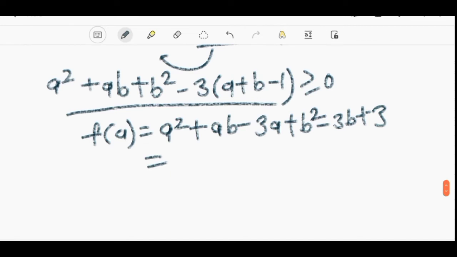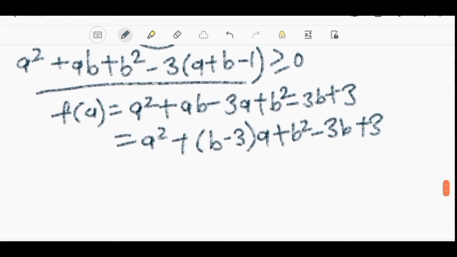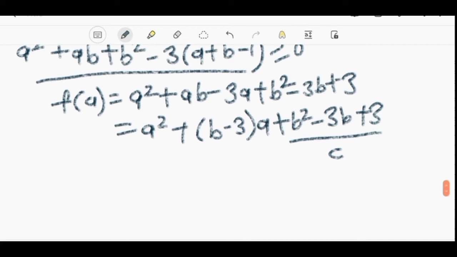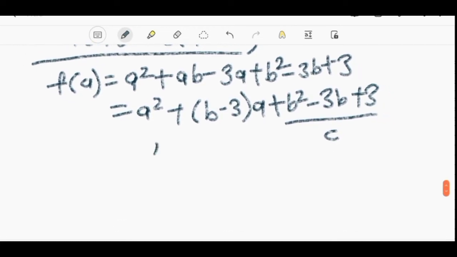We can rewrite it as a squared plus (b minus 3) multiplied by a plus b squared minus 3b plus 3. If you see, this is a quadratic where this is the constant term c, and we have to prove that f is greater than or equal to 0.